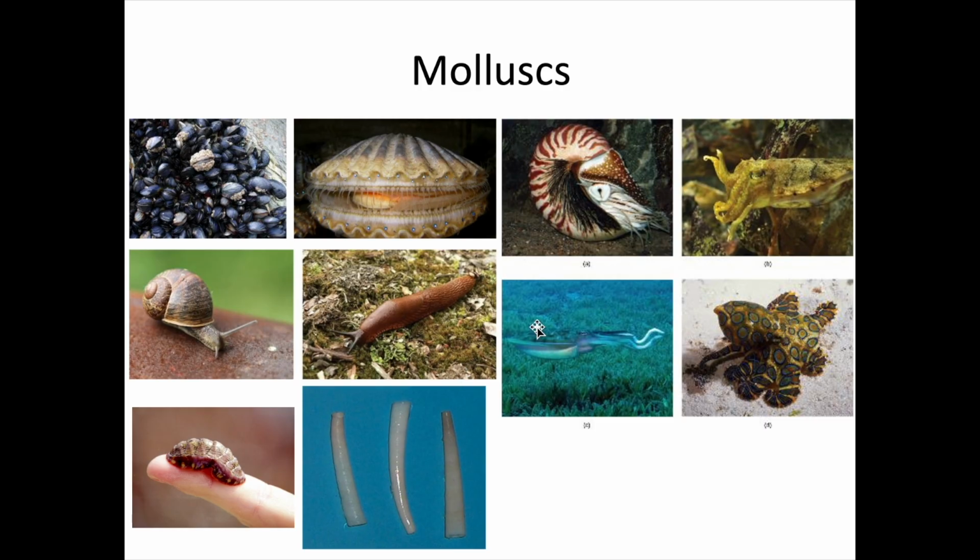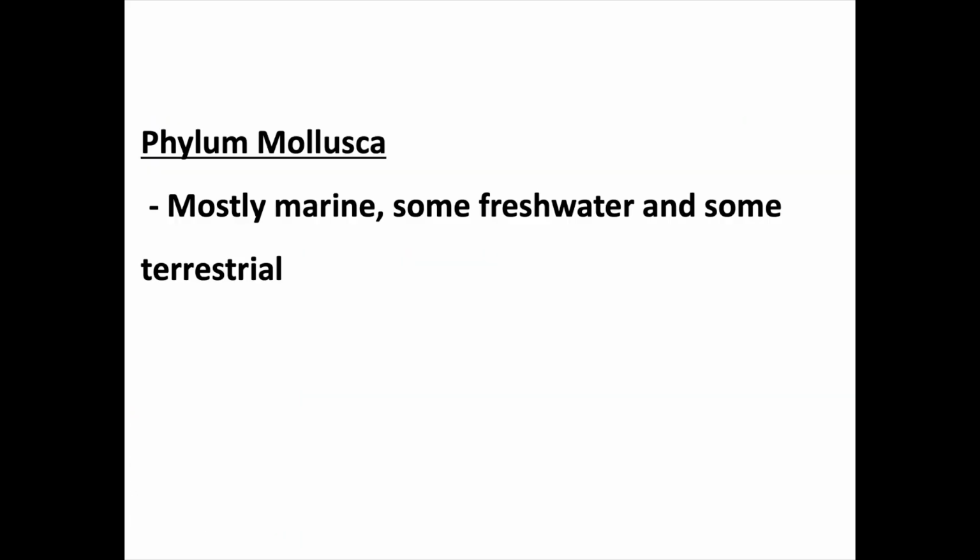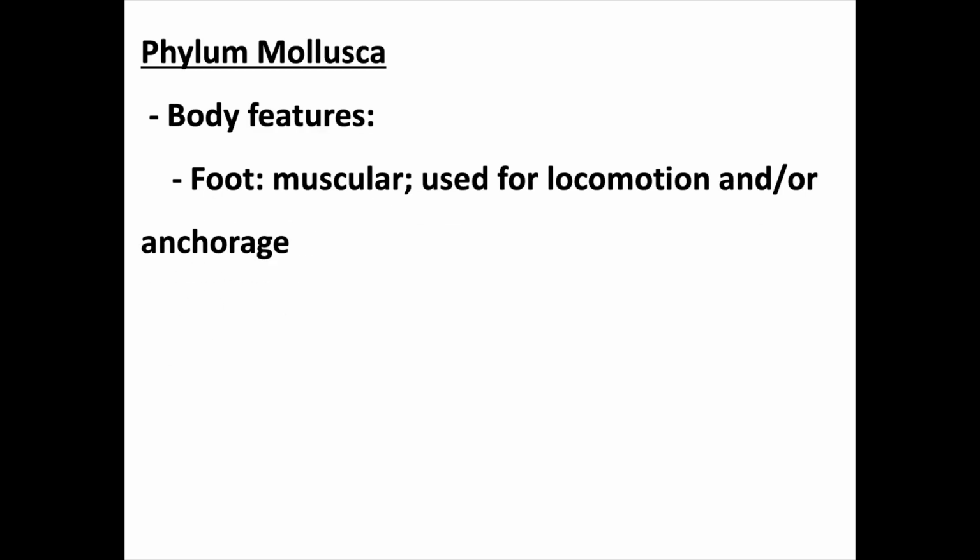These are wildly different bodies, but despite looking very different and being a very diverse group, there are a couple of things that they do have in common with one another. So mollusks are mostly marine, but you've got some freshwater snails and slugs, and you do have some terrestrial snails and slugs as well. But most of them are in salt water. And the two body features are a foot and a mantle.